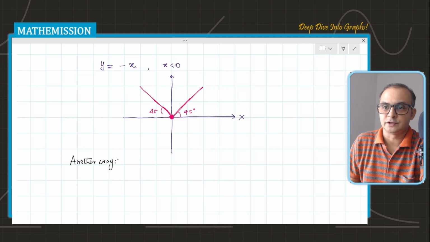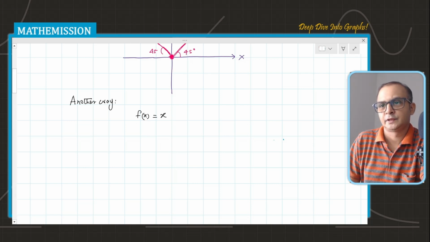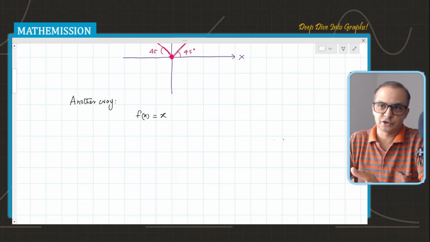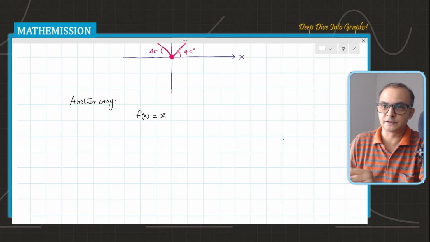So let me write another way to understand everything. Another way to think is, suppose I have the function given f(x) is equal to x, and I want to do the composition of this function with the modulus function, and we will see how the modulus function is giving the effect on this function.